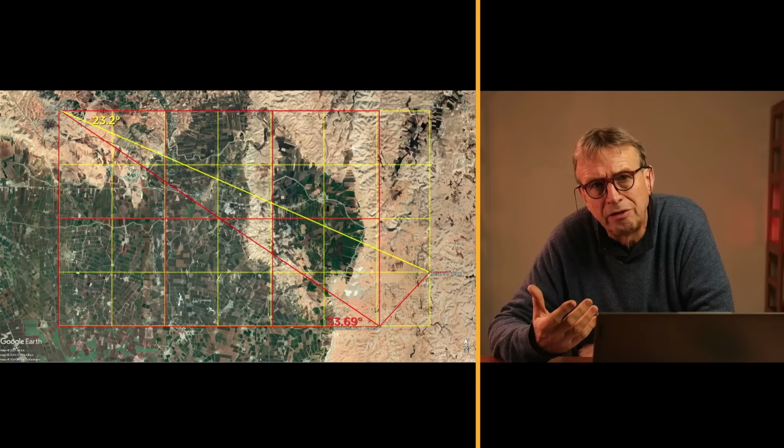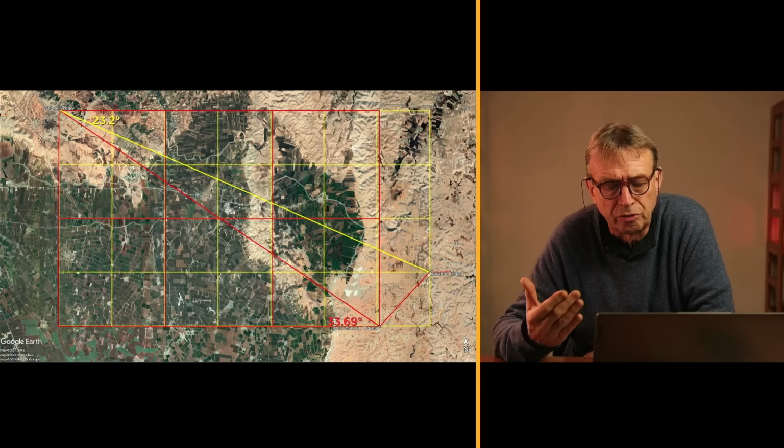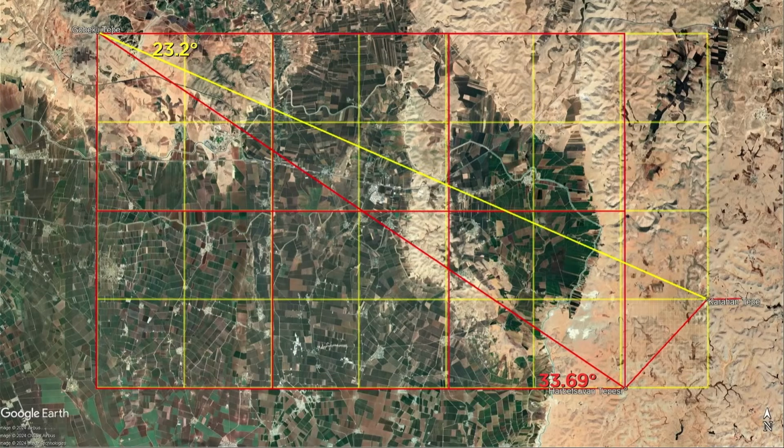It's slightly different. So when I showed the geometry from Harbetsuvan Tepesi to Göbekli Tepe with a 4x6 or 2x3 grid, I was going from Harbetsuvan Tepesi looking towards Göbekli Tepe.